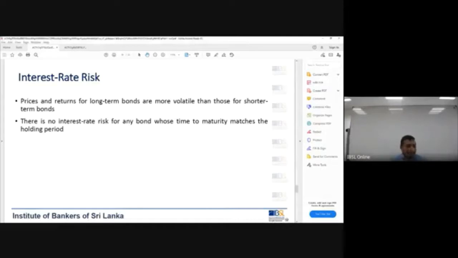So when you buy an asset for 1 year, right? Assume that the return is 10%. Okay, so let's assume it's a discount bond, right? So for a discount bond, there is no coupon. So the 10% return that you want to achieve in 1 year means you pay 10% less than the face value.